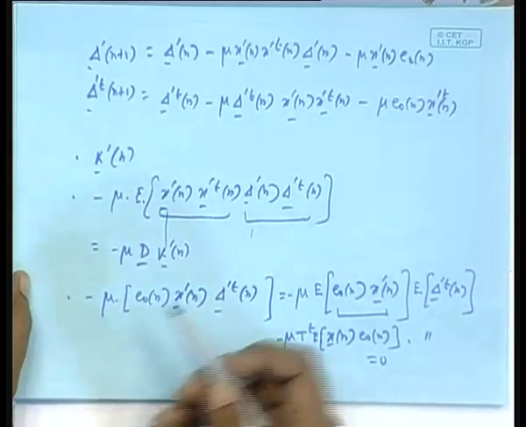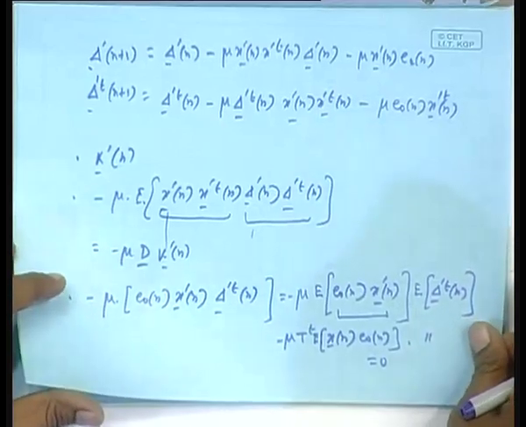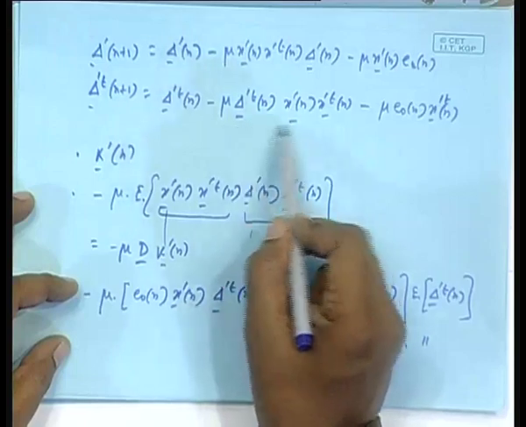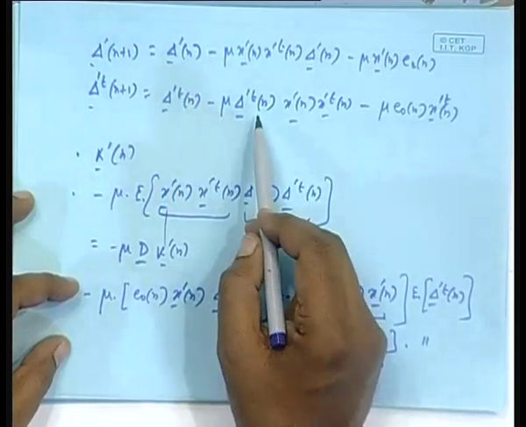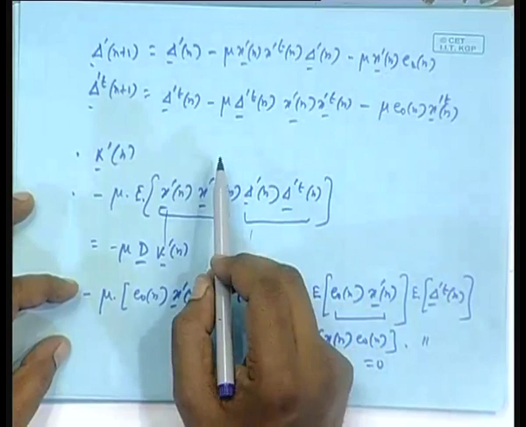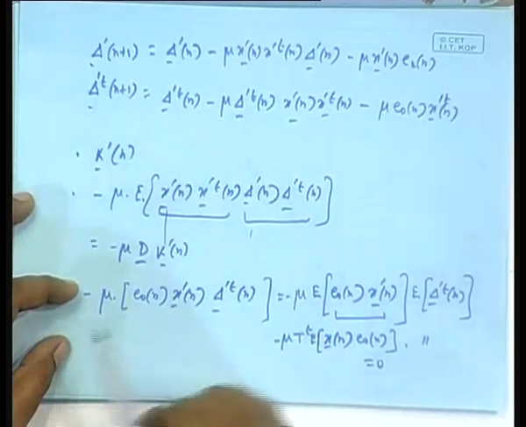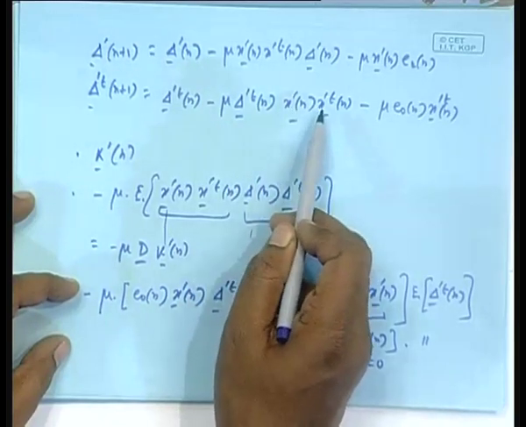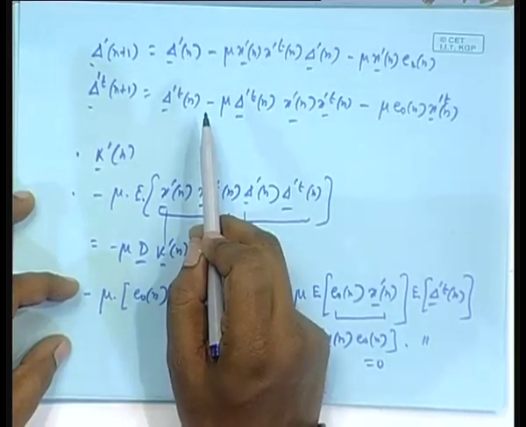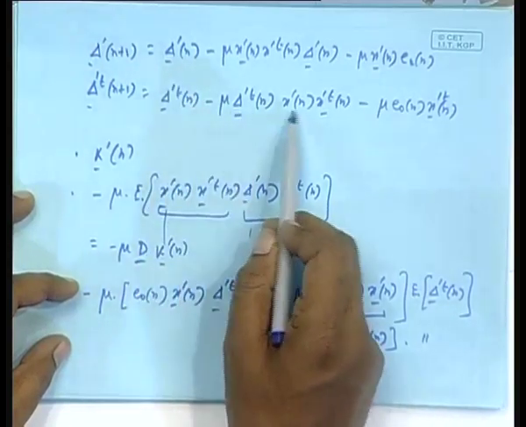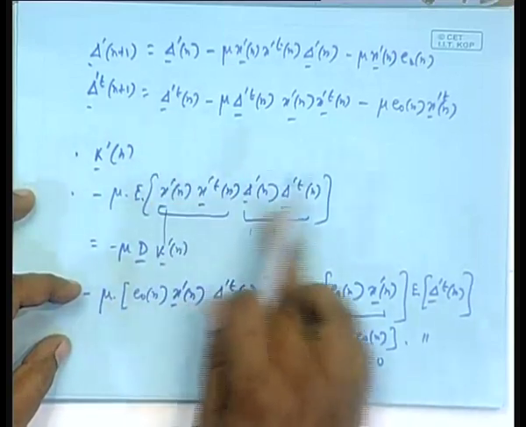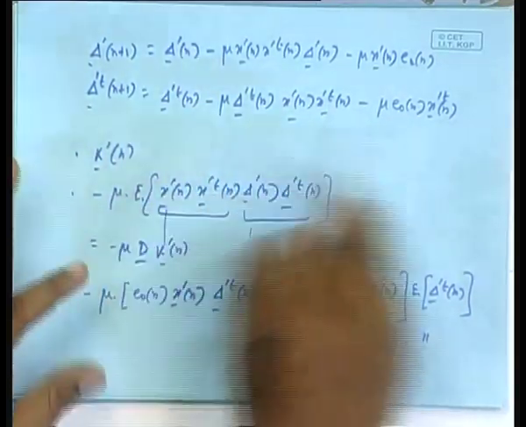Okay, this part is 0. So 3 terms gone. I am left with only 6. Next is this term, delta prime(n) with this, this, this. Again delta prime and delta prime transpose, x prime transpose, E over that. You can apply E over this part separately and this part separately, very much like this. Here x prime is on the first side, delta prime on the second side, then the other way.